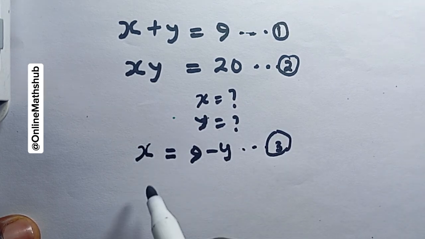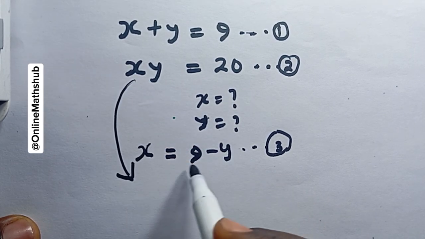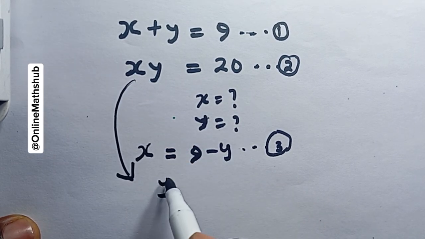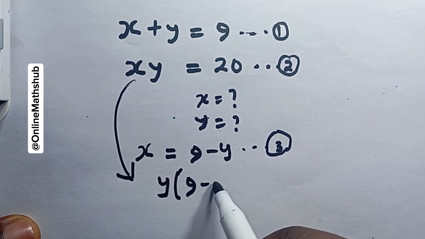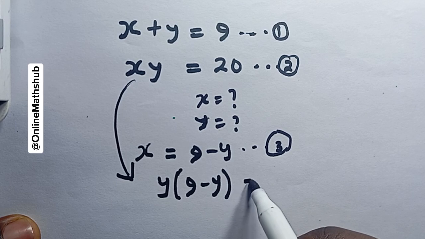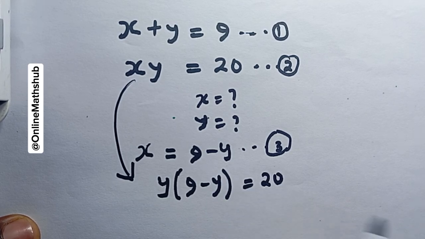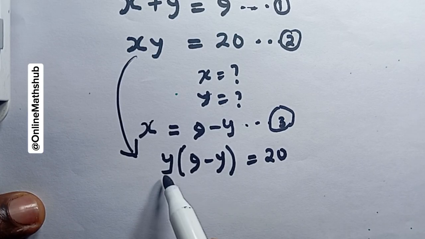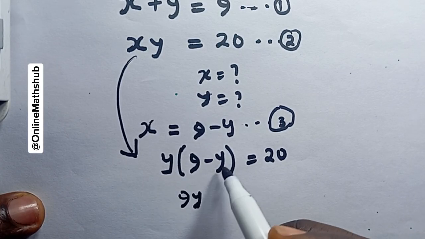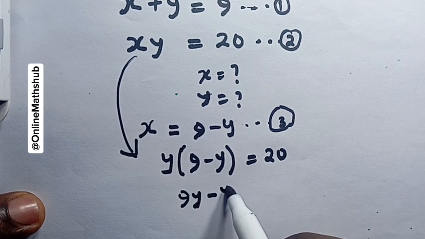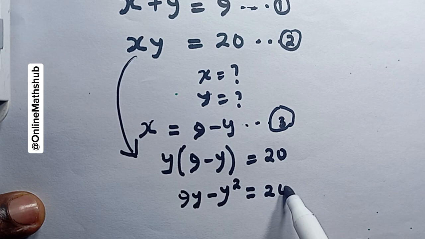Okay, so substituting, this now changes to y into 9 minus y, okay, is equal to 20. Now I can go ahead to open this bracket. 9 times y is equal to 9y, and then y times y will be equal to minus y squared, and is equal to 20.